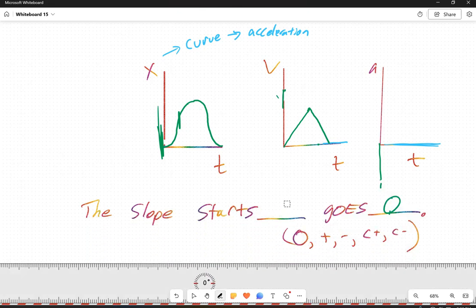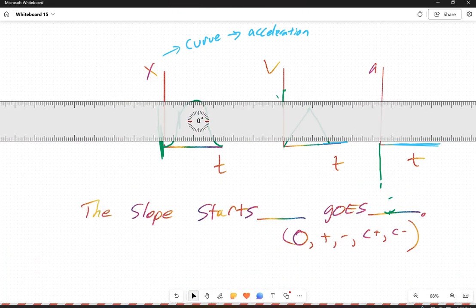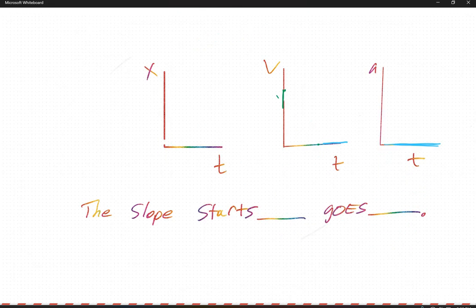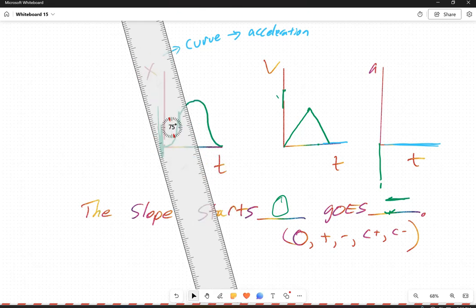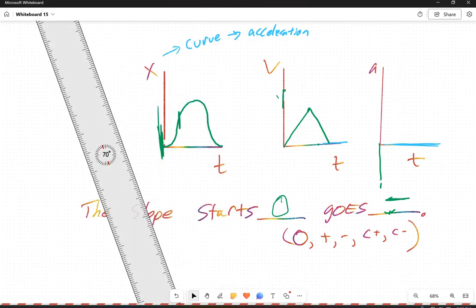Now, the next piece of the graph starts at 0, goes negative. Negative and positive acceleration. We won't say deceleration, because when we use that word, that makes us think of slowing down.